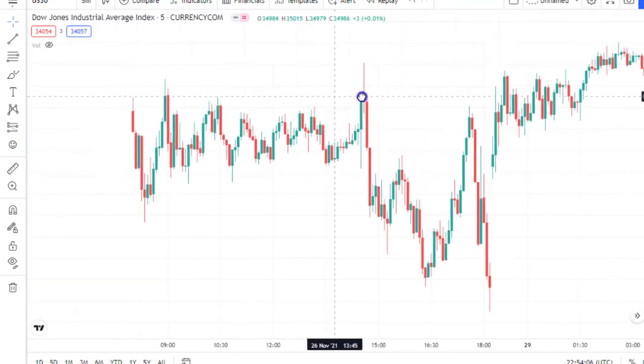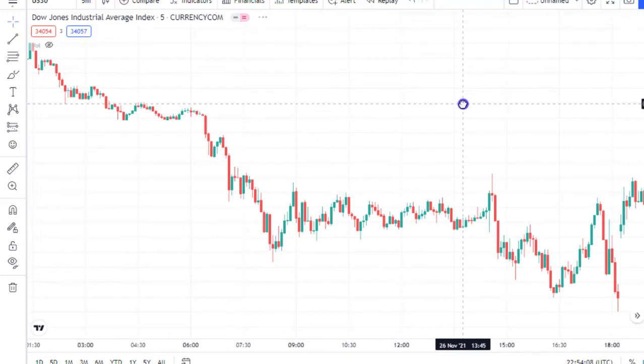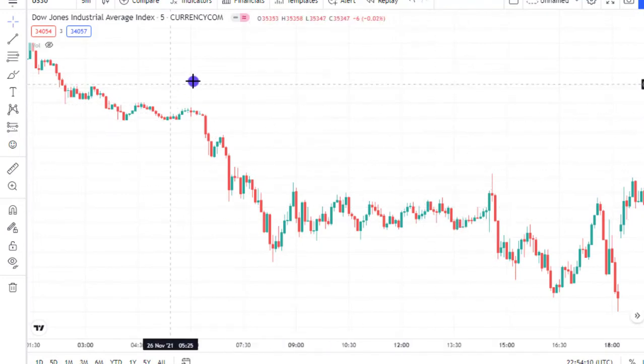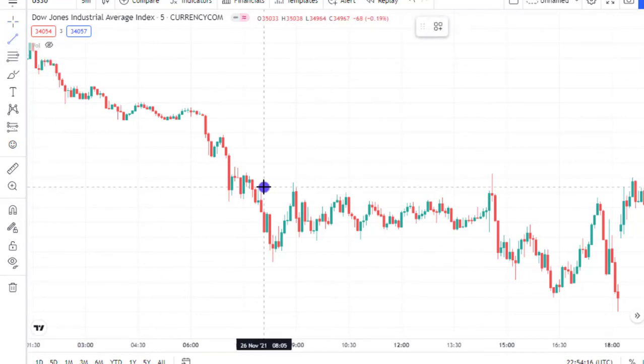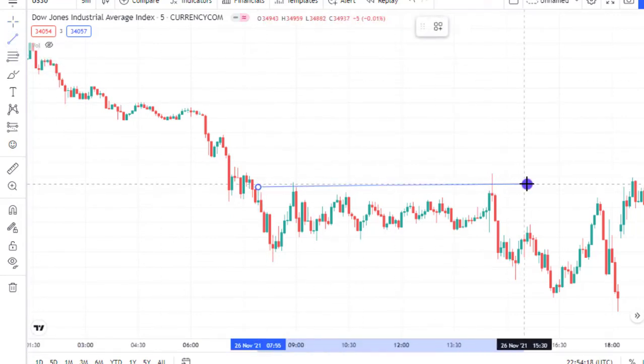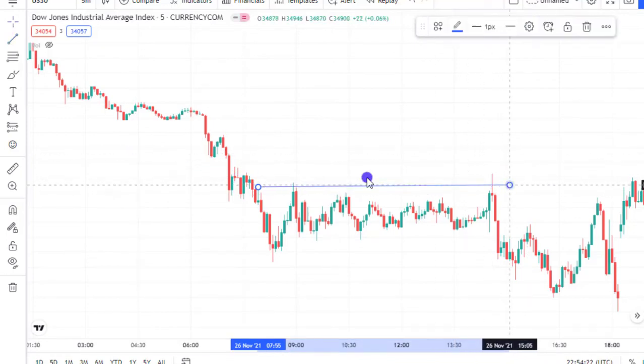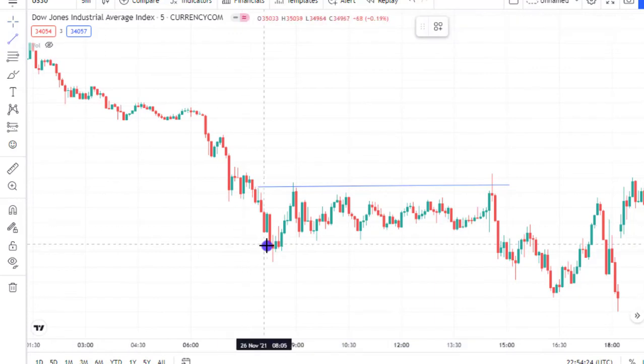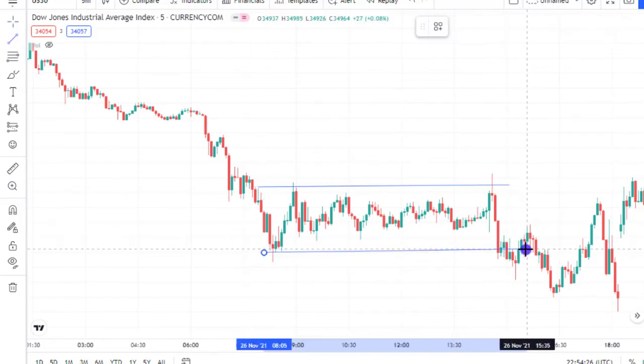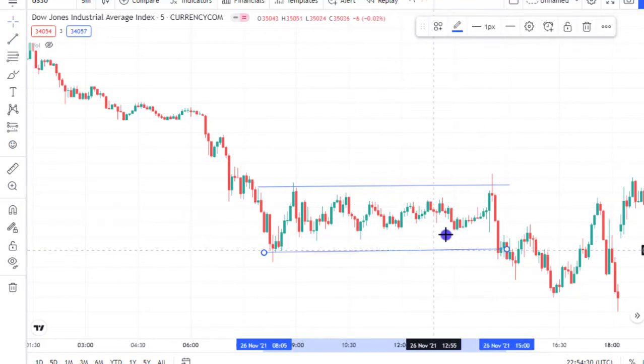Okay, now if you look at this place, the market is consolidating here. So let me put my trend line. As you can see, the market is consolidating within this range.